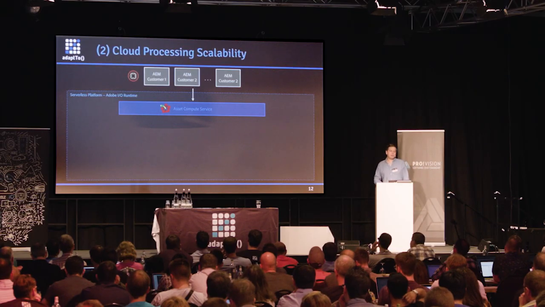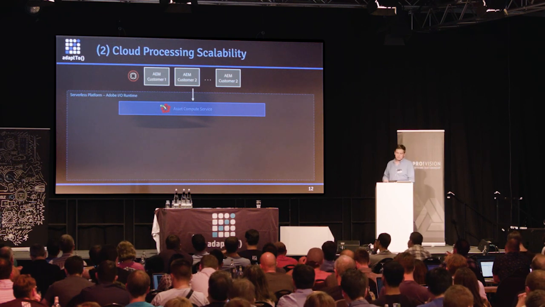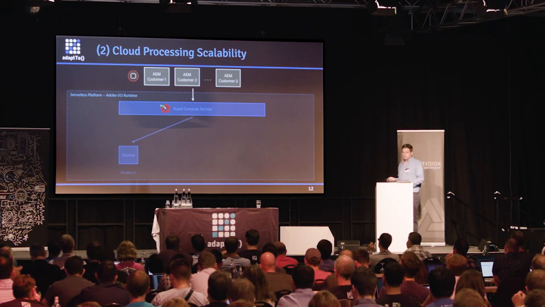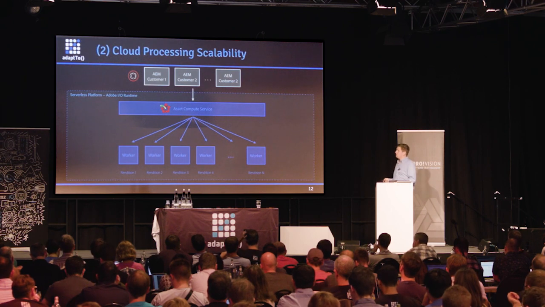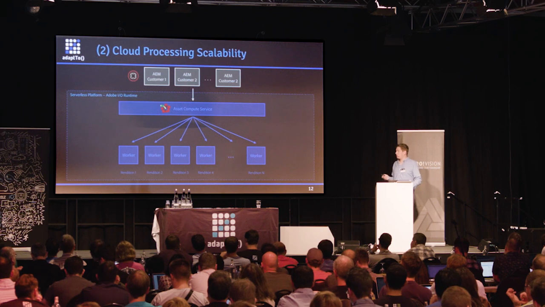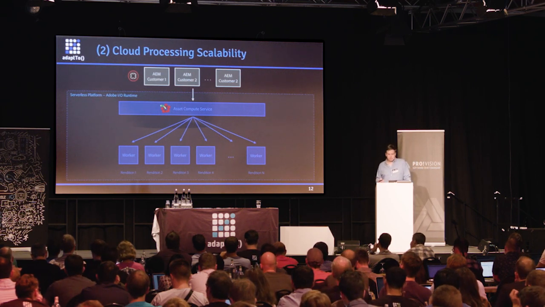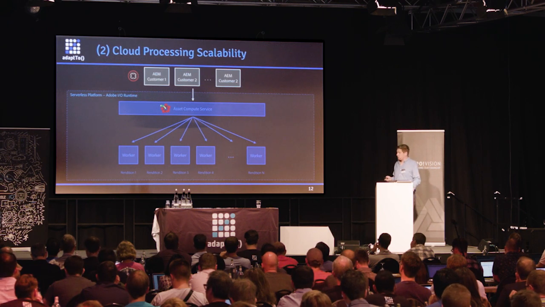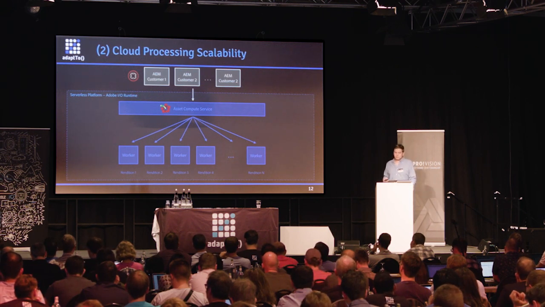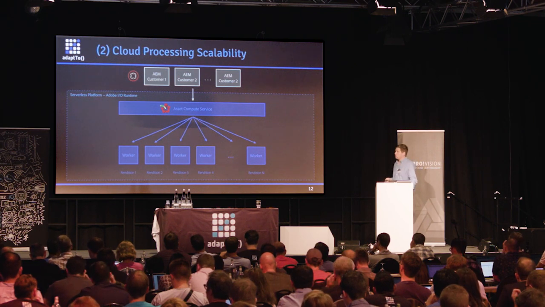And for the second point, for the cloud processing, we get scalability. So we have one multi-tenant service, and we can run processing in parallel across all customers, across renditions, and have the efficiency of a shared environment, right?